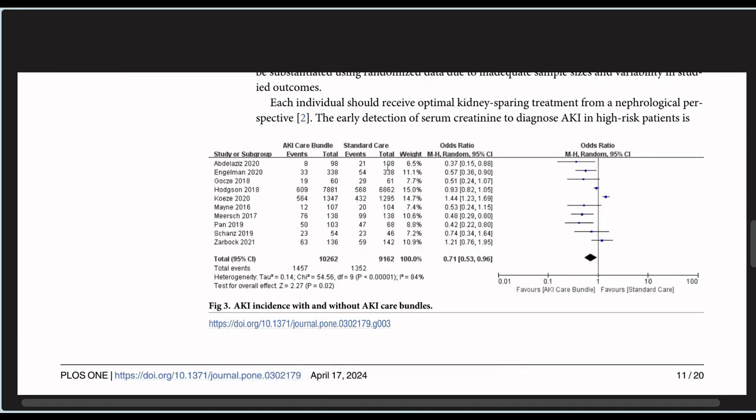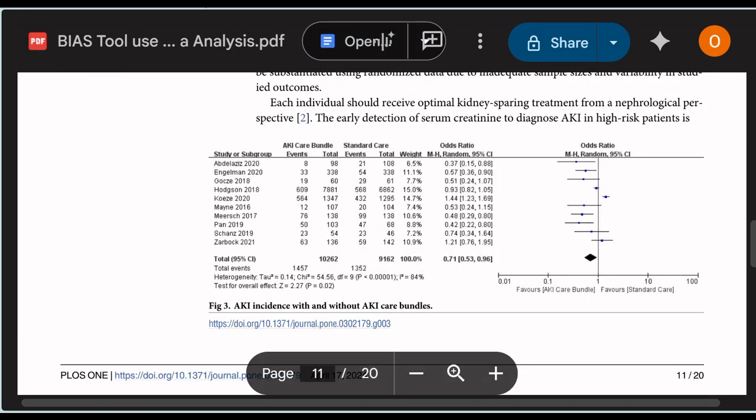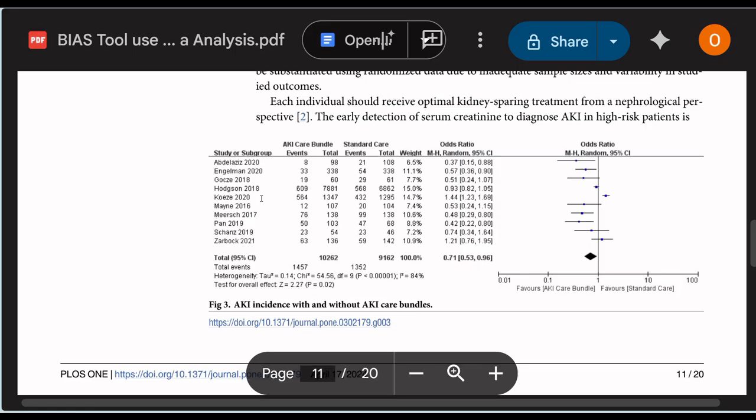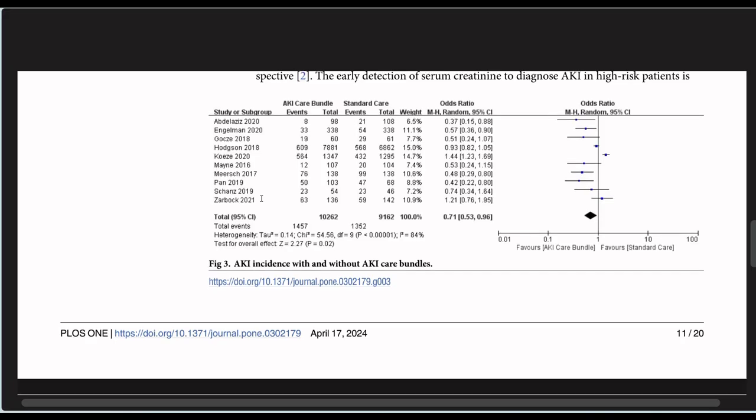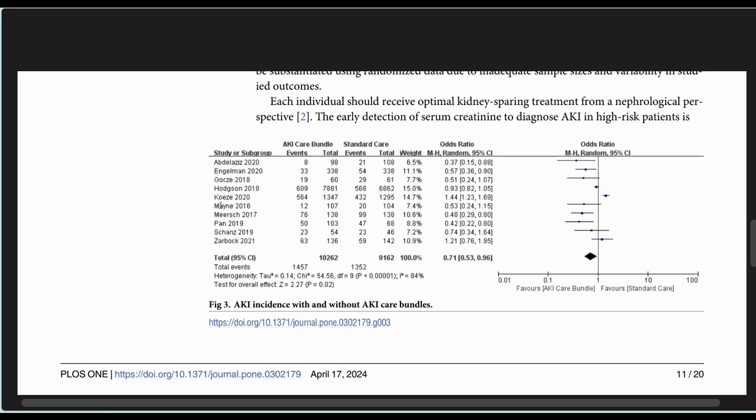All right, this is a forest plot. Okay, this is how a forest plot is presented in a study. So it aggregates different parameters of interest to you.